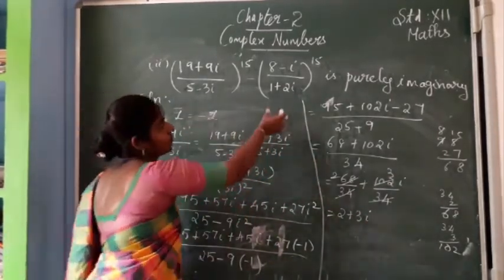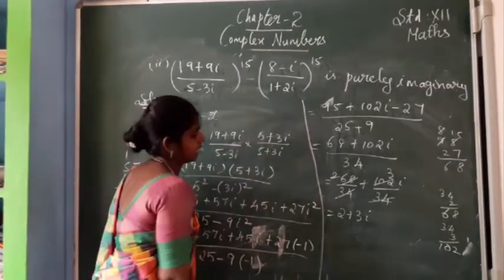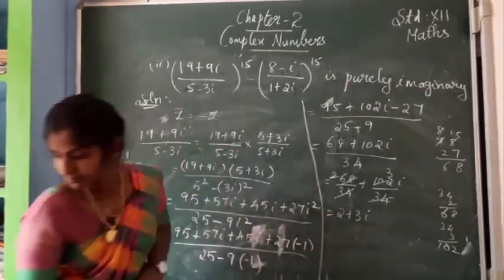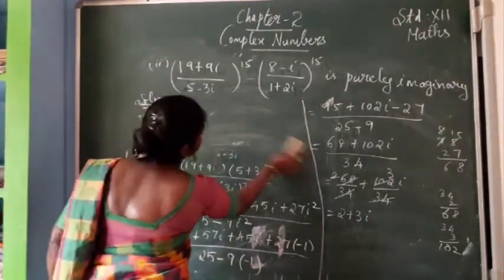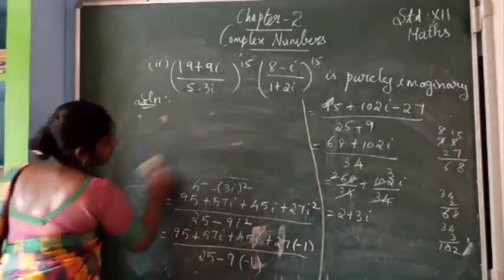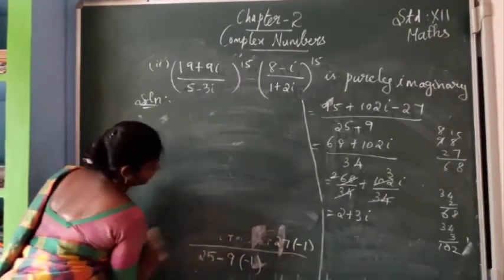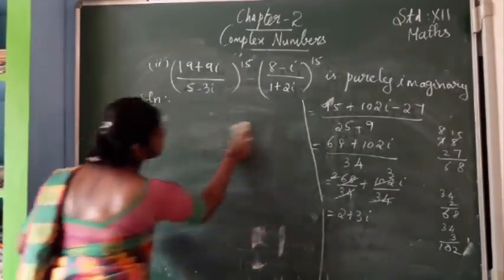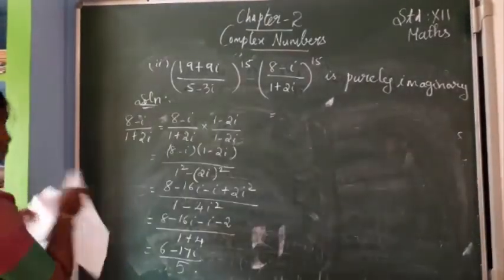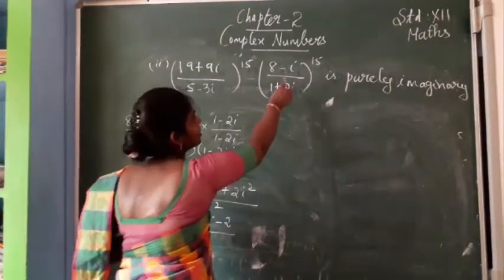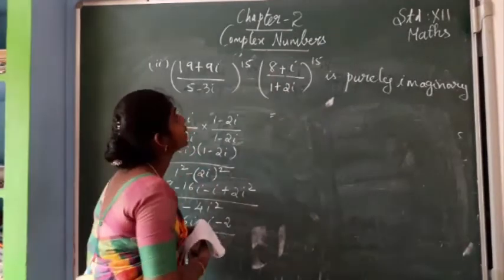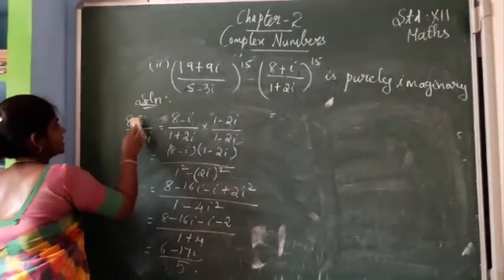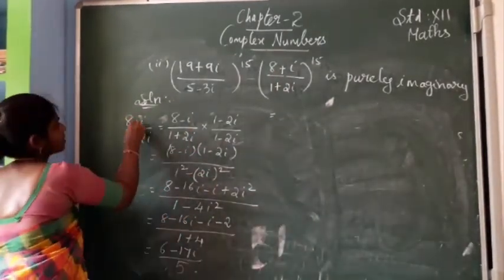Next you have to find the second term. So one mistake is there. The question is plus, okay, the question is 8 plus i, so change this, plus i.